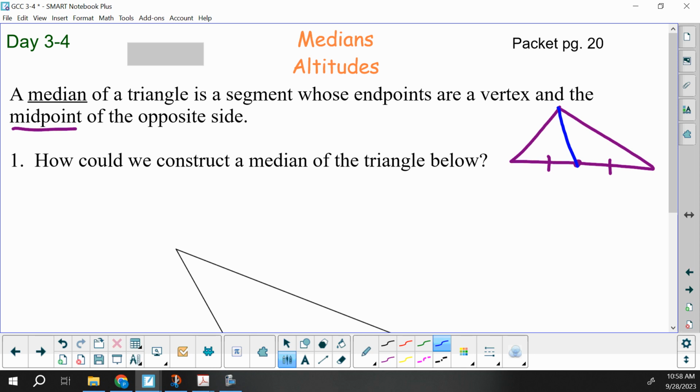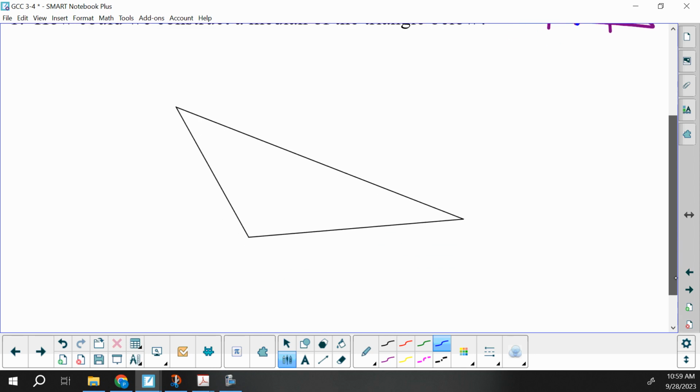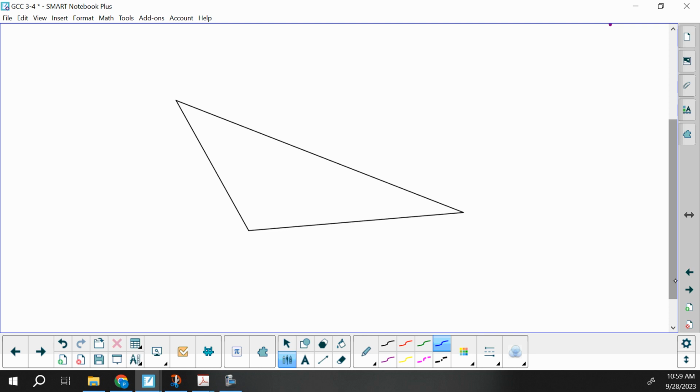In order to construct the median, we would need to know where to connect the vertex to on the opposite side. To find that, we would have to find the midpoint. Well, we can find midpoints with our construction tools when we do the perpendicular bisector. So with our compass, we're going to bisect one of the sides.